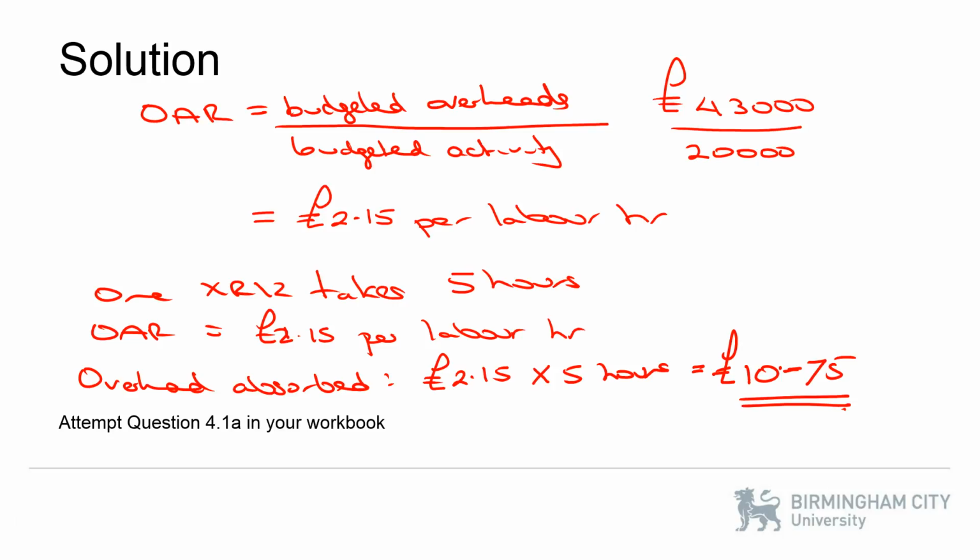So what we're saying is that it's taking £10.75's worth of overheads to produce an XR12. So that's how we work out an overhead absorption rate, and how we then apply that overhead absorption rate to work out the amount of overheads absorbed.